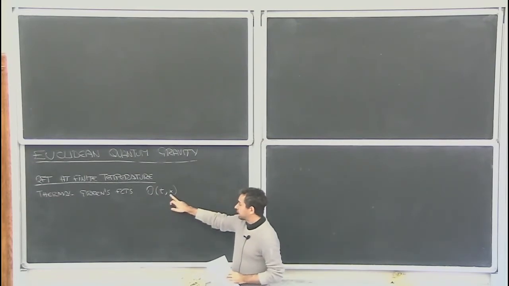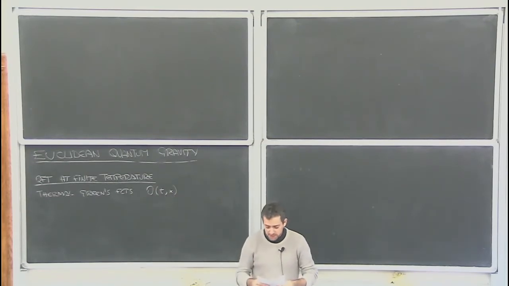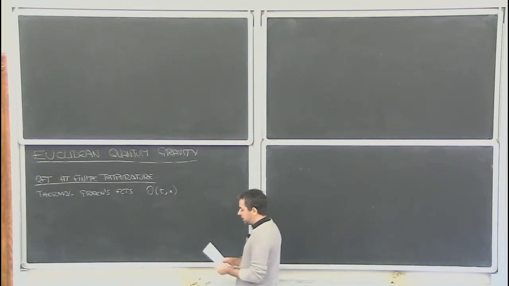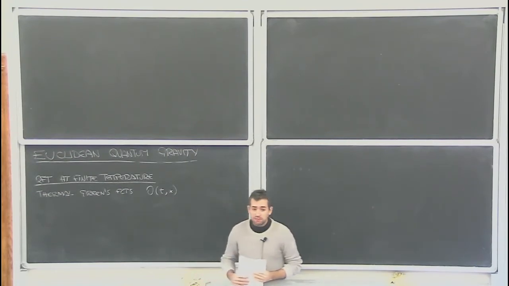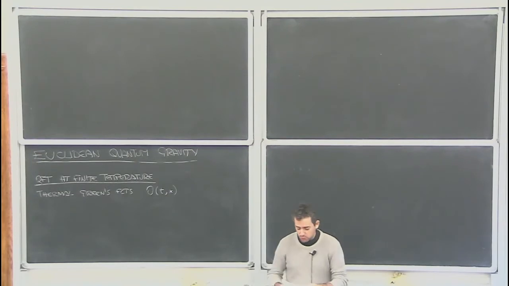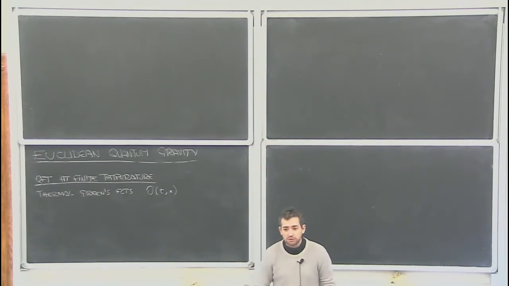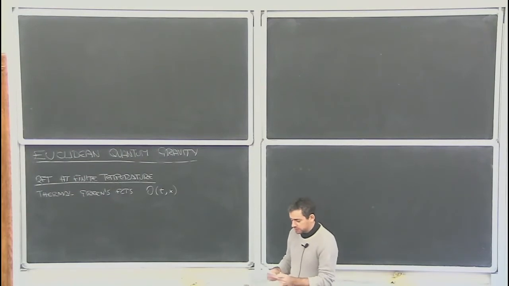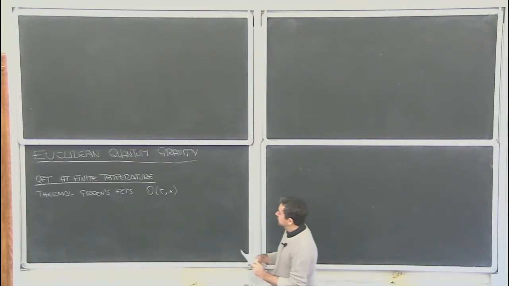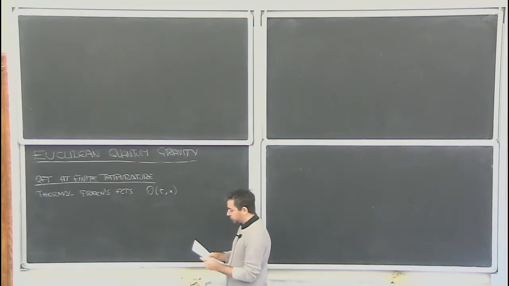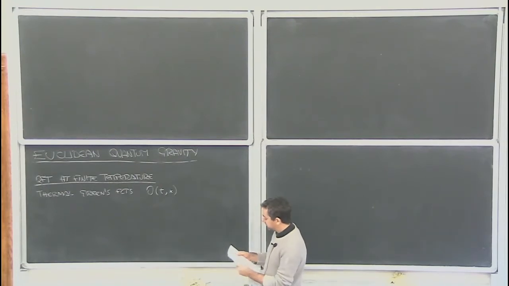So x here are the spatial coordinates. But as I said, we assume time invariance because we want to describe a system at equilibrium at fixed finite temperature. So we want to be in the canonical ensemble. So we assume this property of all the Green's functions.